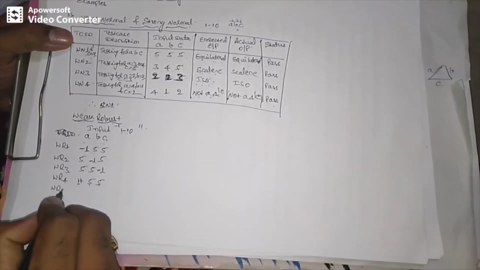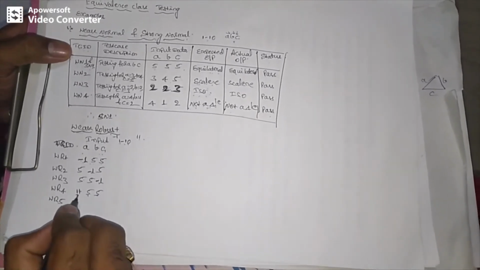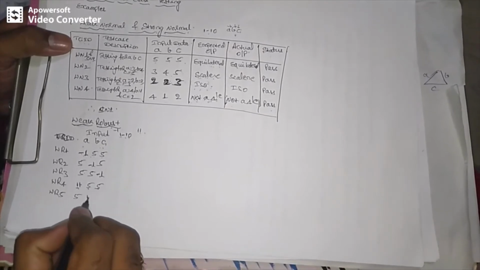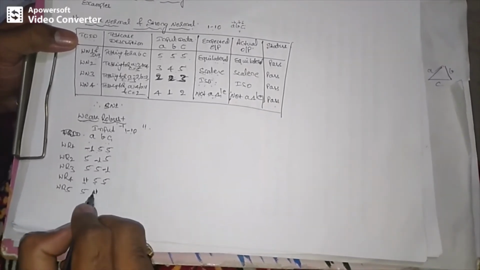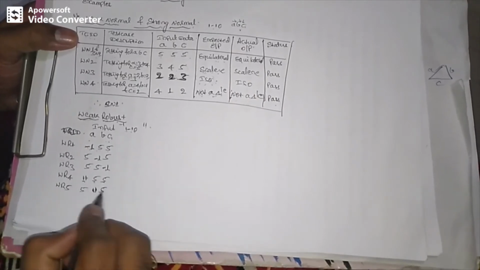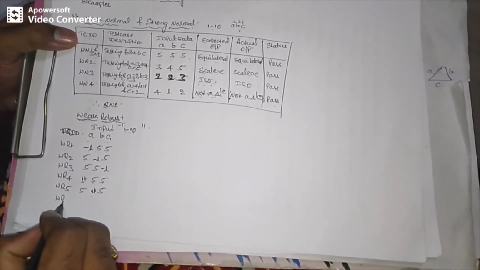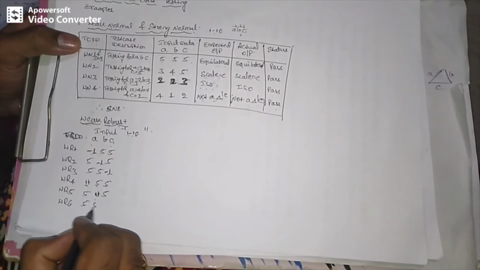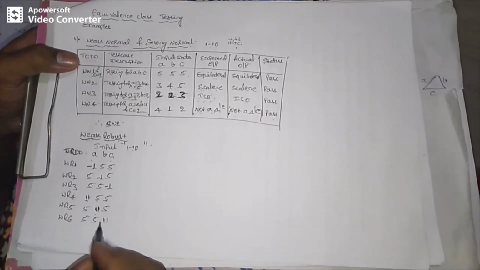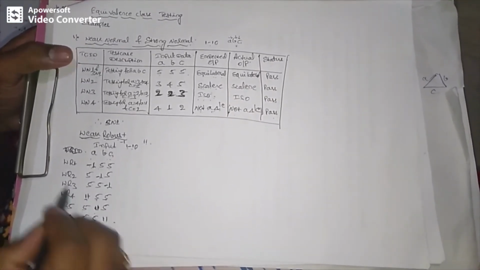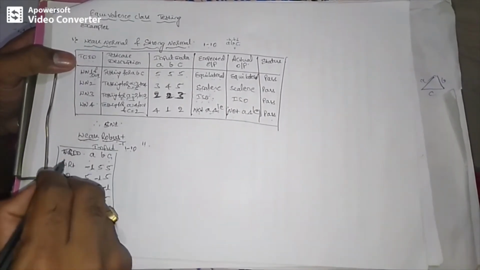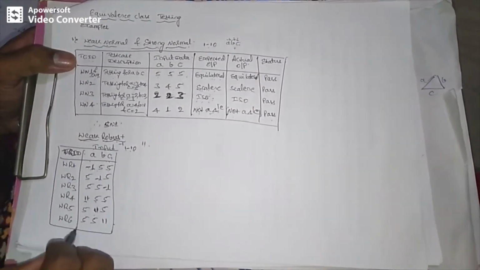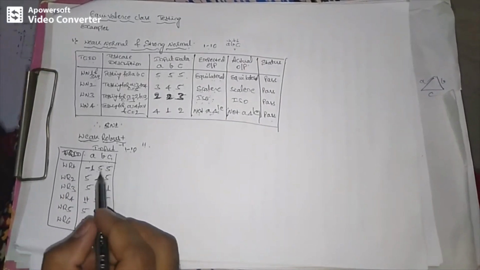So the next test case: now A's turn is over, then the other one, B, will go to invalid. Now I have made B invalid, and A and C will be valid, and then next time A and B will be valid and C will be invalid. These are the 6 test cases we can generate under the weak robust test cases.